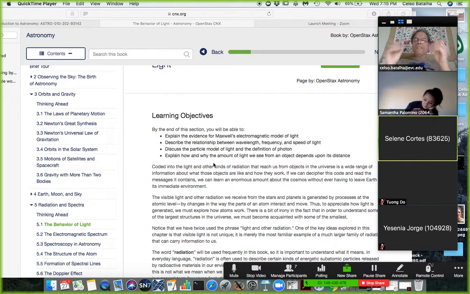So, how can you establish knowledge? How can you establish information about all these objects if, first of all, we cannot bring them and put them in a laboratory? Second, we cannot go there and visit them because we don't have the technology for it. So, the answer lies in the light. Light is something, and that's the point of chapter 5, that interacts with matter.